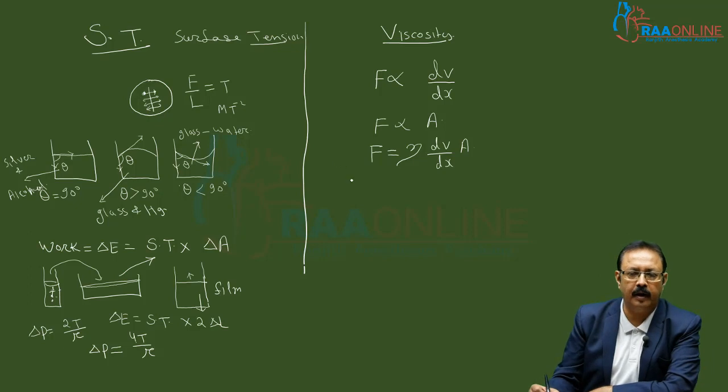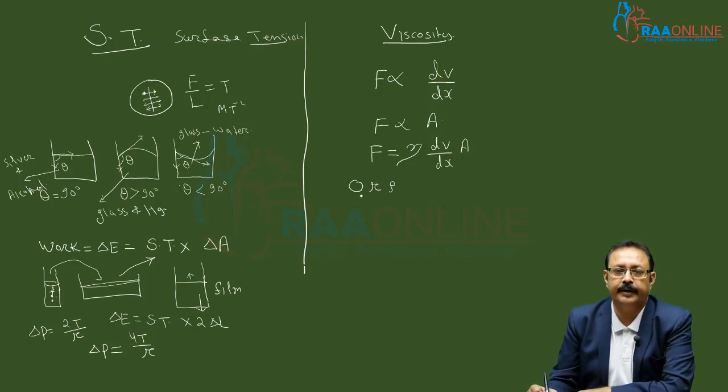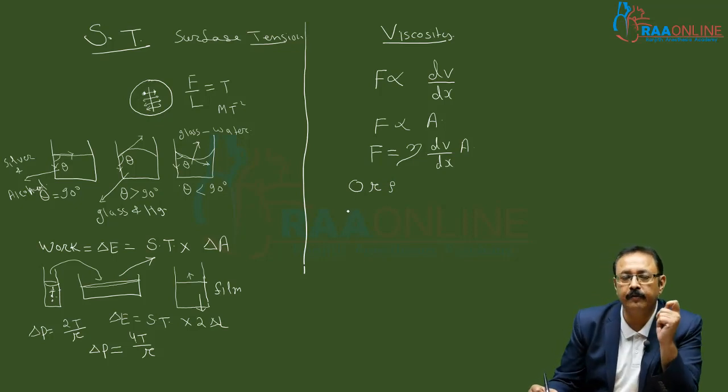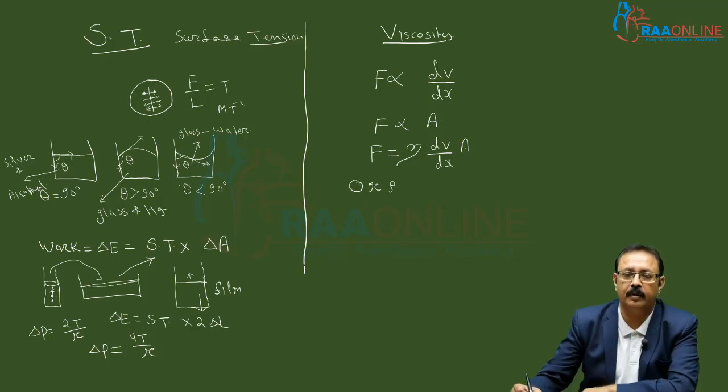If you drop a solid ball of radius r, density rho, in a fluid, it will disturb the fluid layers, and the fluid will oppose the motion of this ball.